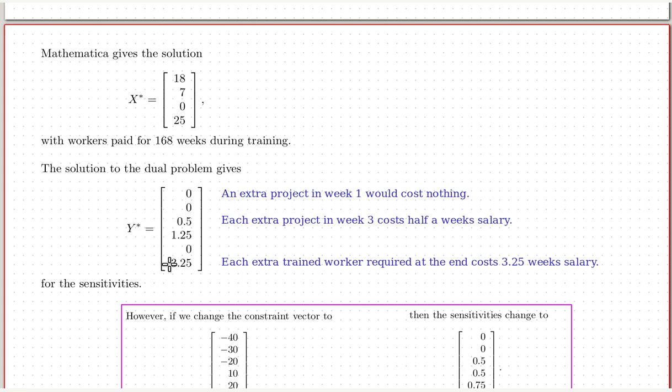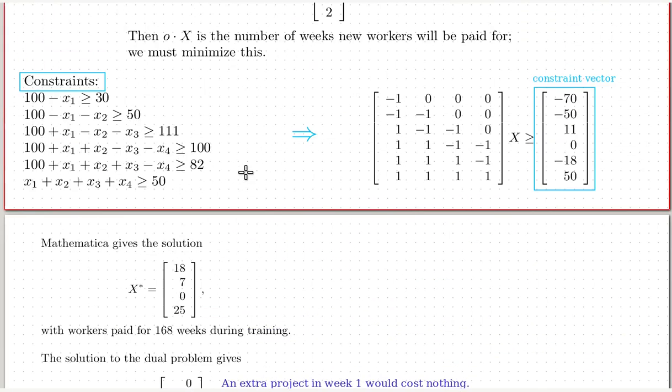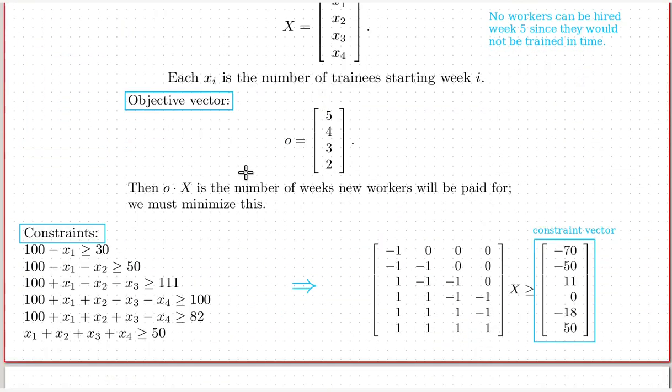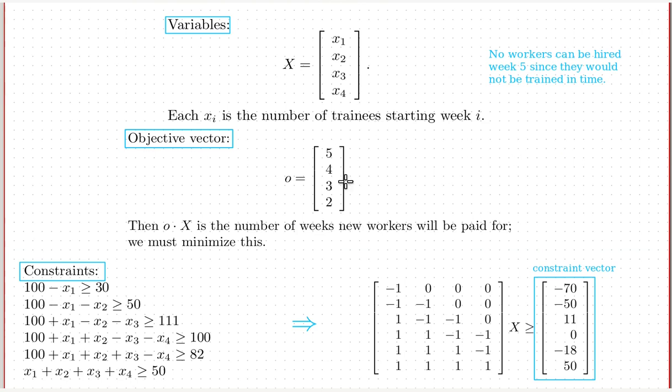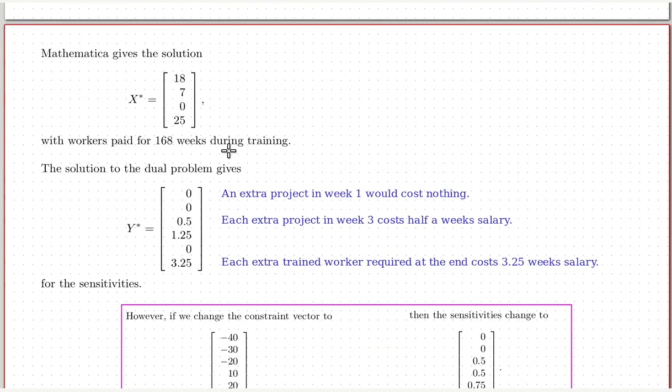By the way, another way to look at this is, if you want to cut costs further, what's the best way to cut costs? Well, the best way would be to reduce the total number of new accountants you need at the end of the training period. So if you're really desperate to cut costs, then maybe you should reduce the number of new accountants you want from 50 down to something smaller, 49 or 48 or something.